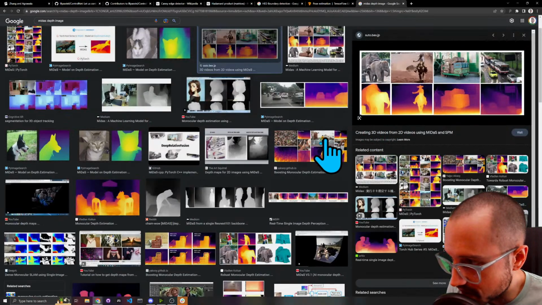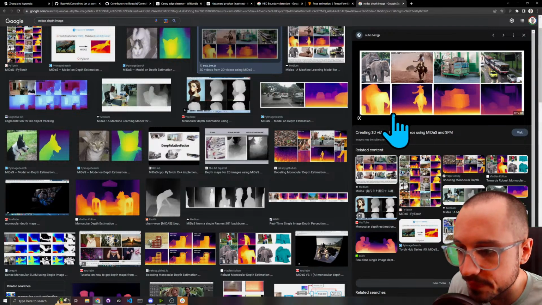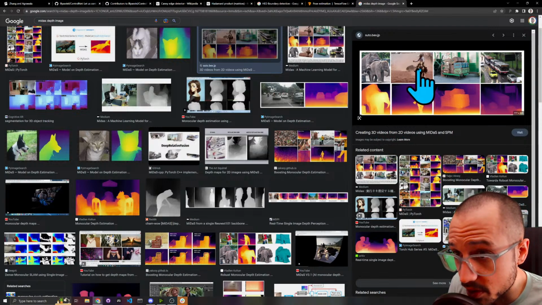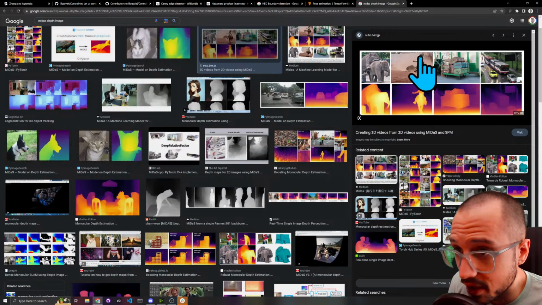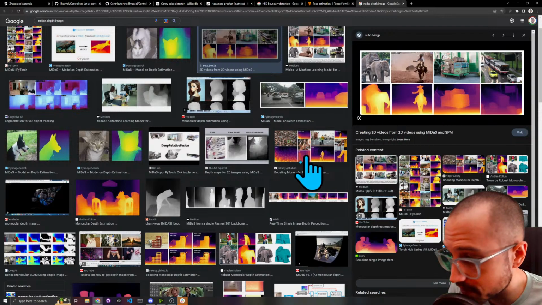A depth image basically tells you how far or how close every single pixel is to the camera. So you see here in this image of the cowboy, obviously the cowboy is closer to the camera than this wall. That's why the pixel values here are different from the pixel values in the back.